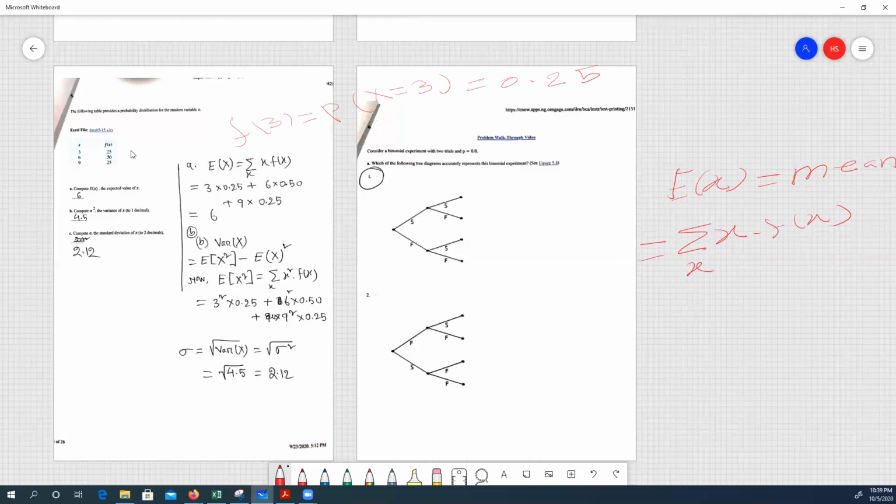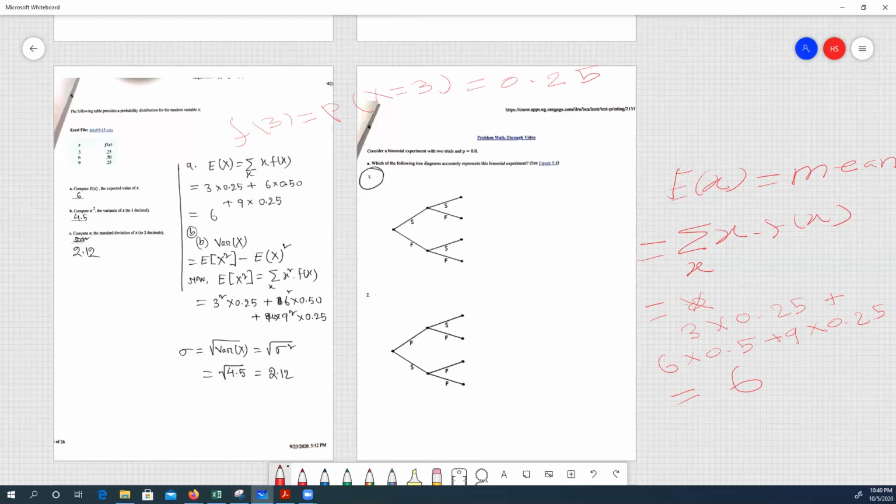So the first number is 3, so 3 times 0.25 plus 6 times 0.5 plus 9 times 0.25. If we add them together and simplify, it will be 6. So the expected value is 6.